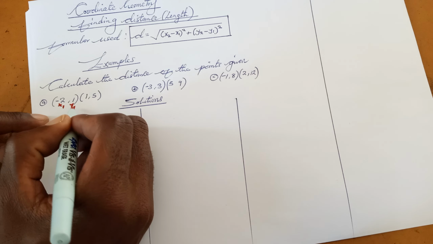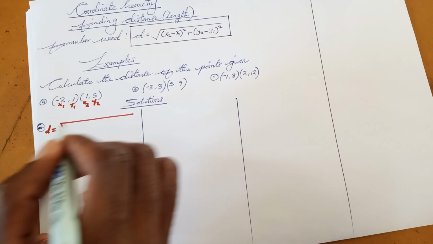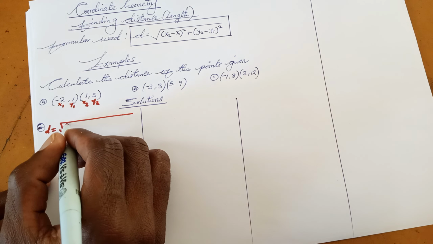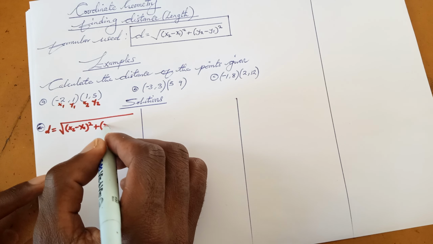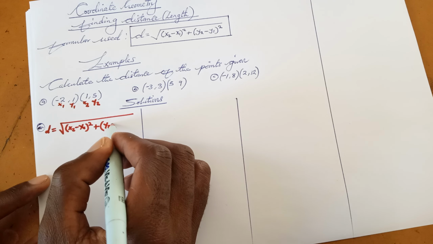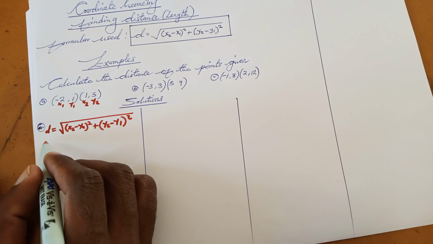Okay, so now our formula says distance is equal to the square root of x2 minus x1 in brackets squared plus y2 minus y1 also squared, like that. So we're just going to replace in the formula.